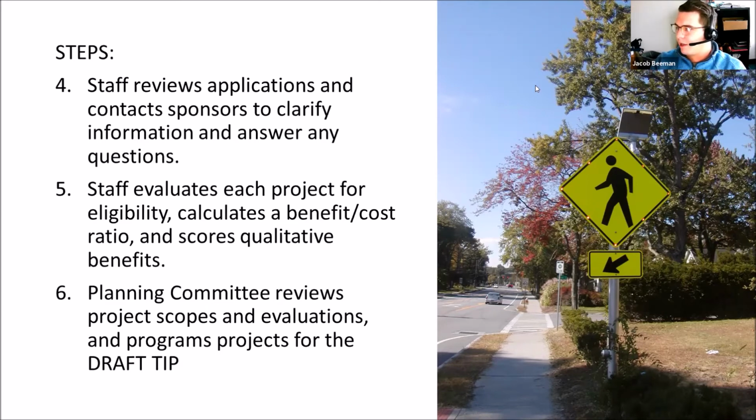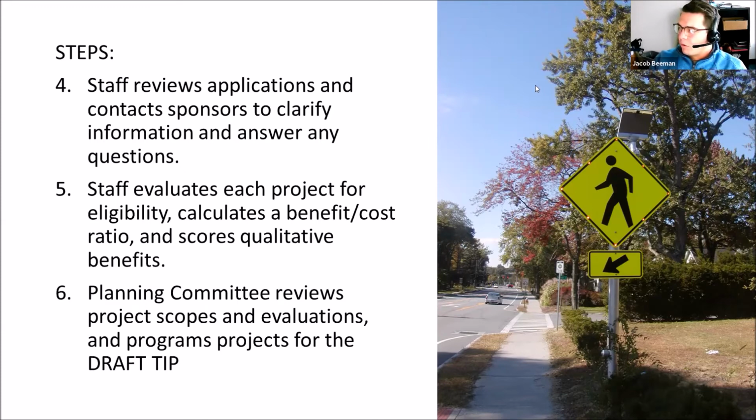And so really this evaluation by CDTC staff is what allows us to rank these projects and give that information back to our members so that they can make the best decisions possible on which projects ultimately get programmed.